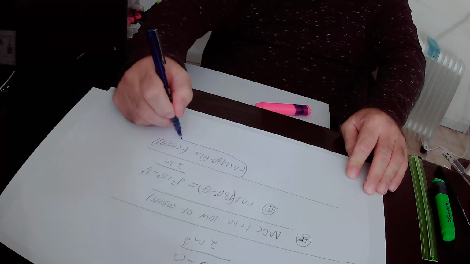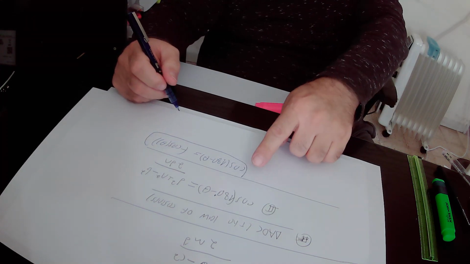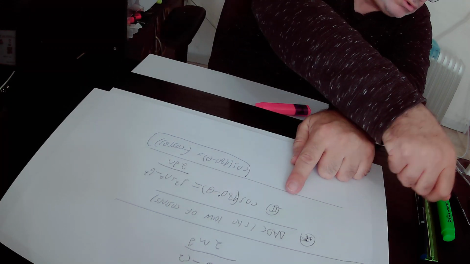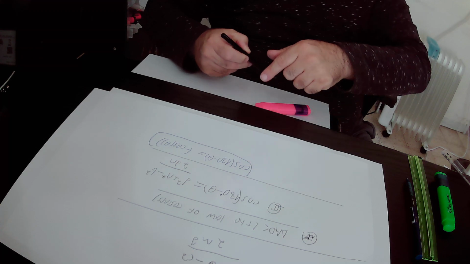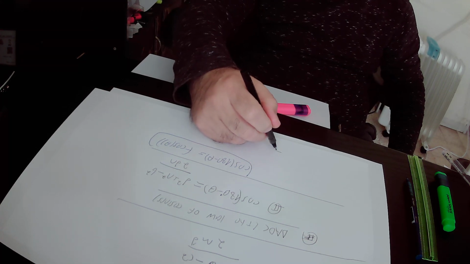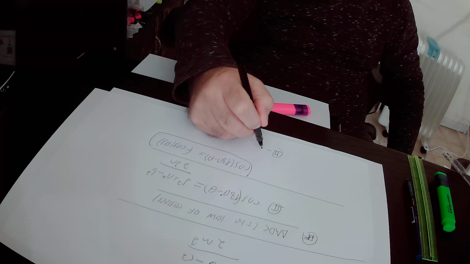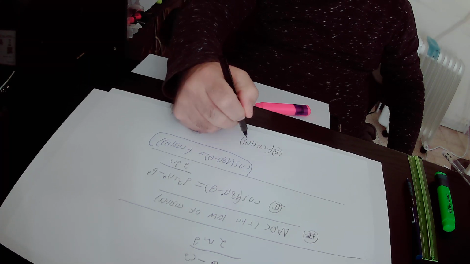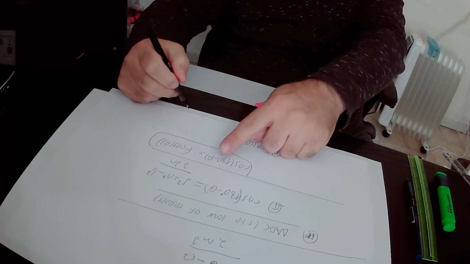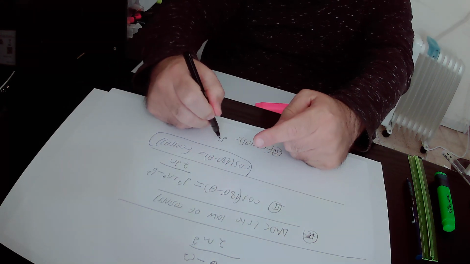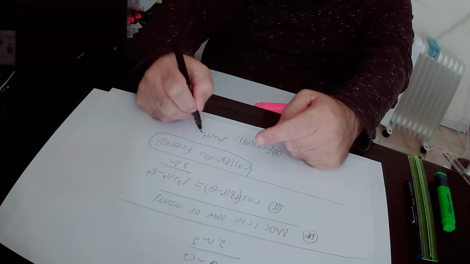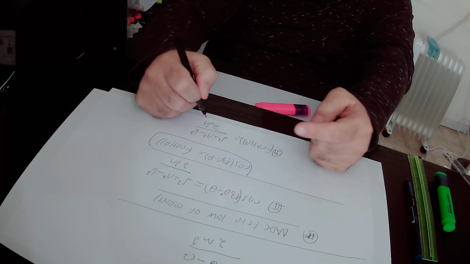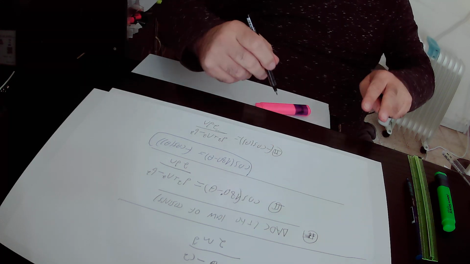According to this identity, we substitute cosine 180 degrees minus theta in equation number 2 by minus cosine theta, and we'll get that minus cosine theta equals d square plus n square minus b square over 2 times dn. This is equation number 2.